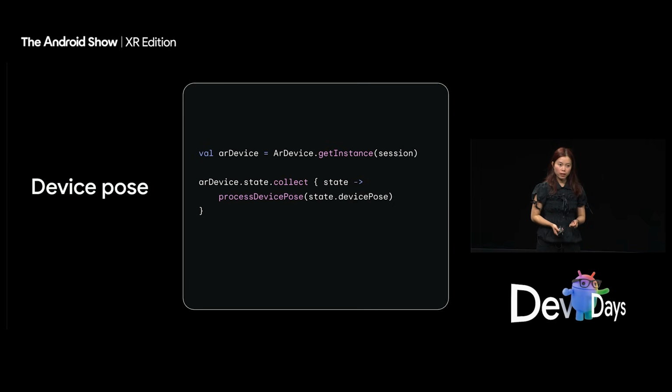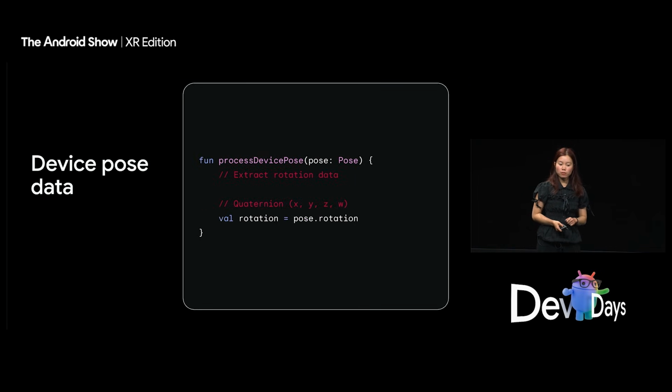Because we've built this on familiar Android patterns, you can use the standard flow to collect its state in real time. The pose you get is the device pose, precise real-time orientation relative to the tracking origin. The device pose gives you rotation data, which defines the device orientation.